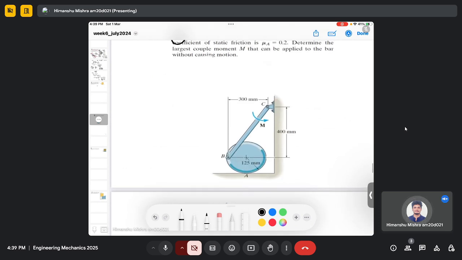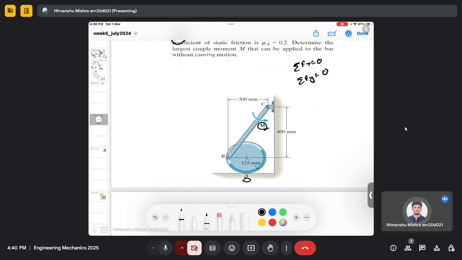So we have a friction force acting at point A, and we need to determine the moment acting here. The only way to determine this moment is to use the moment equation, because this moment can be captured only in the moment equation. This moment cannot be captured in any force equation written here.